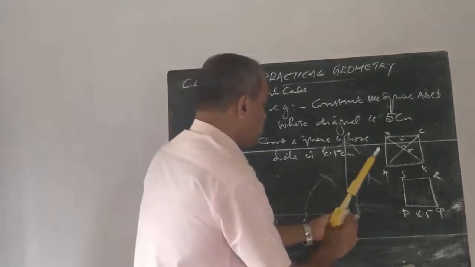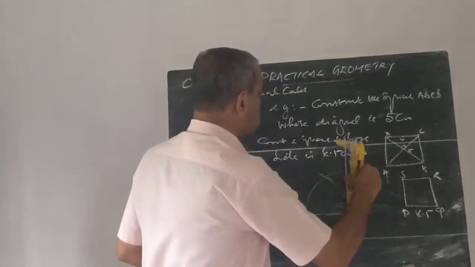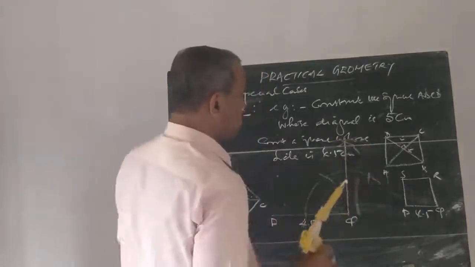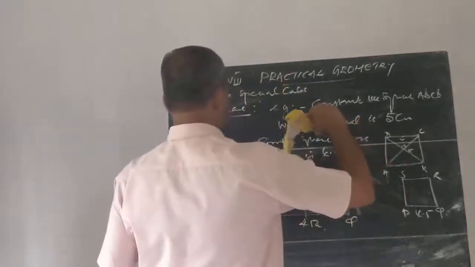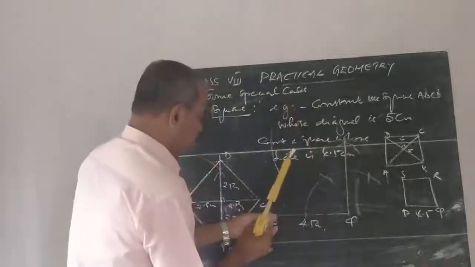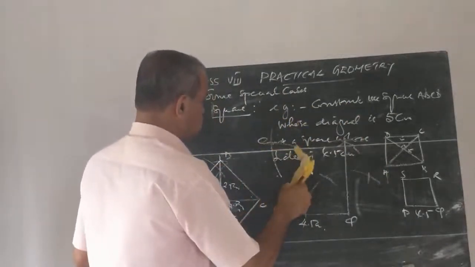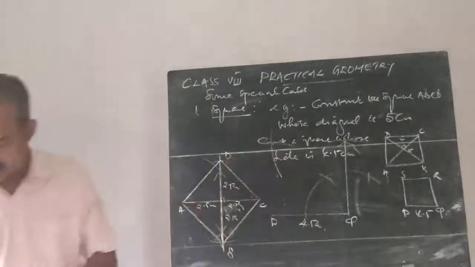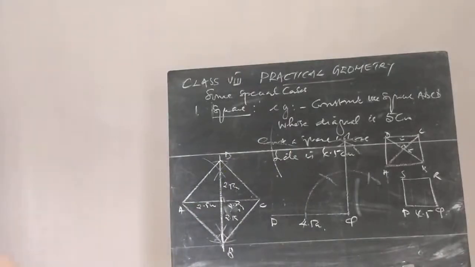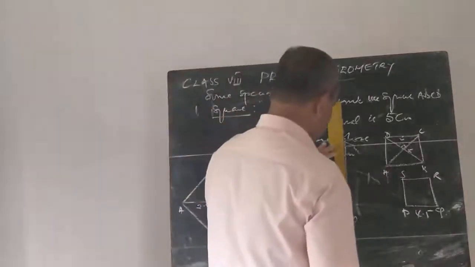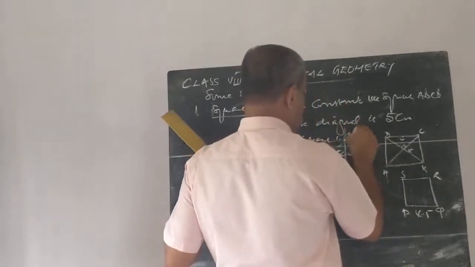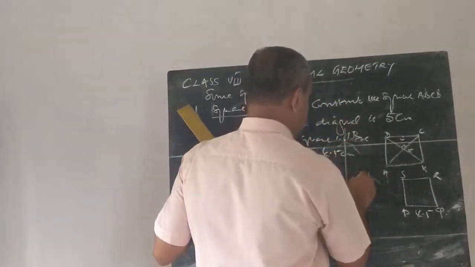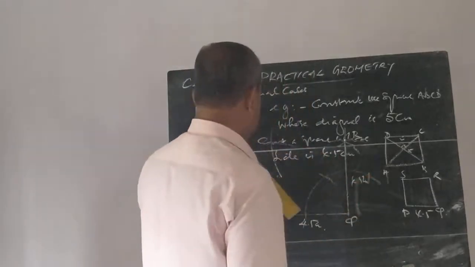Take this length and from this point draw an arc that cuts the perpendicular. And from this point also draw an arc, and from P also draw another arc. All the lengths are equal. This is the point R, 4.5 centimeters.